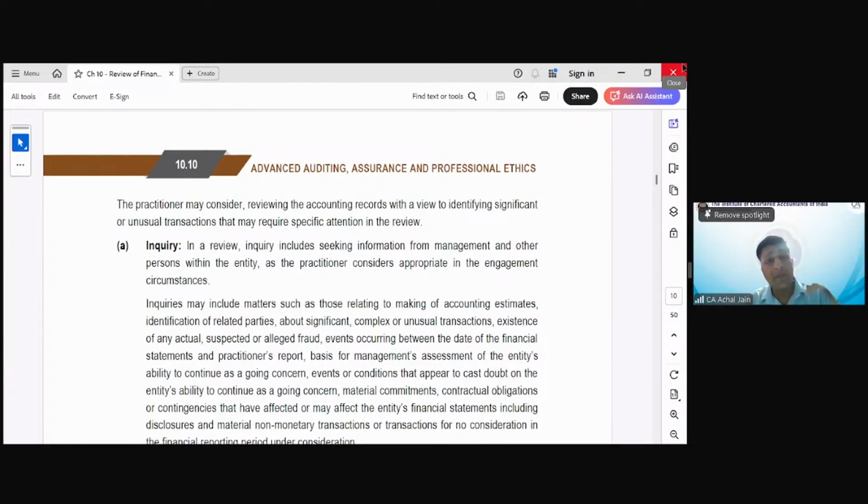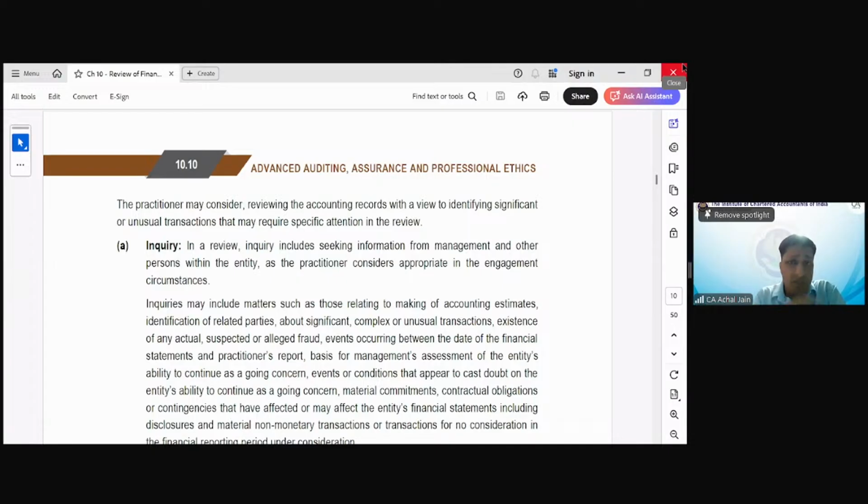Whenever any sort of checking or verification is involved, and the auditor is required to report upon that on the basis of his checking, what do you call it? Assurance.